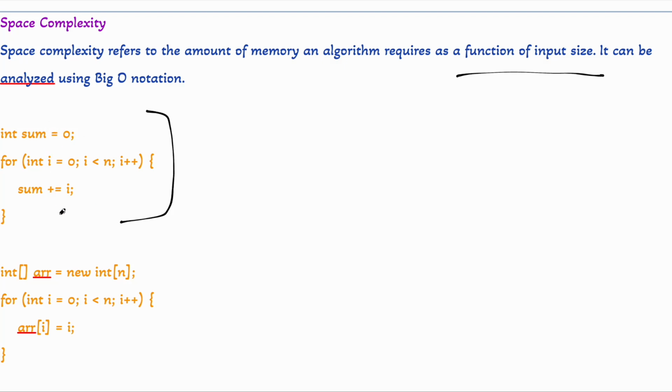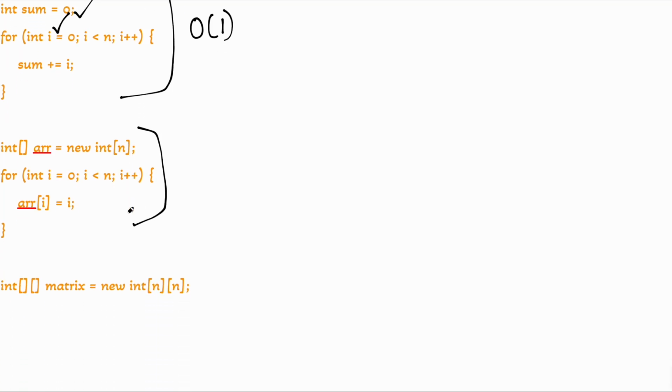What is the extra space that we are using here? One is the sum variable and one is the i variable, but these two are constant, they are not growing in terms of n, so it's just order of 1. If we take this example, we are using a new array, an extra space of an array of size n.